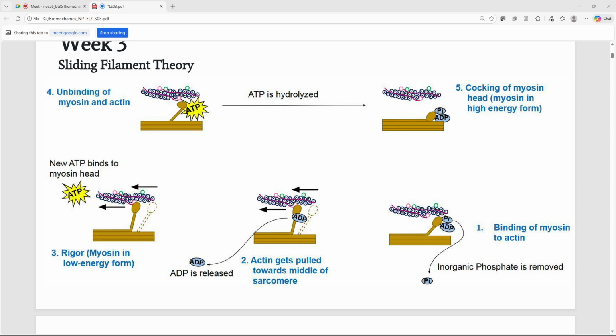The myosin head will create a pivoting action, pulling the actin filaments towards the center of the sarcomere, and this will utilize the energy from ATP, adenosine triphosphate, to create a quick pivoting motion called the power stroke.